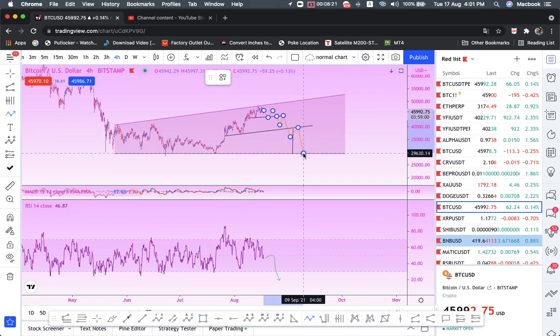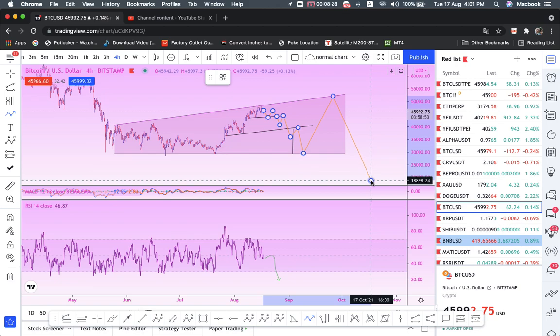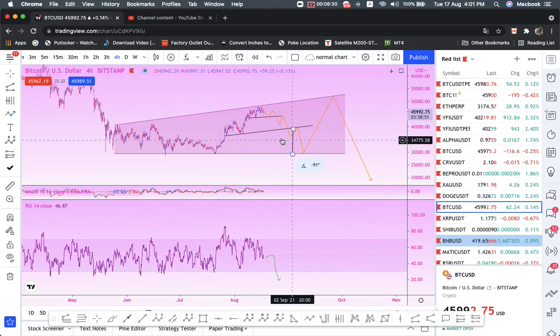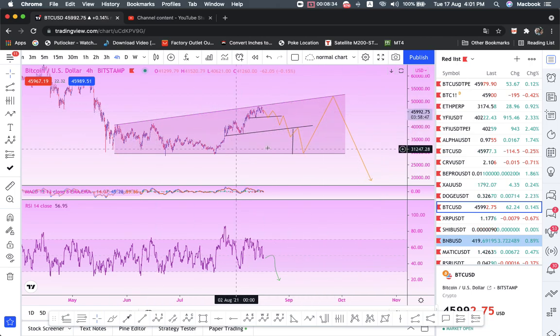Got a triple bottom or quadruple bottom, makes another leg up before coming down. Okay, so it could end up becoming like this as well. So we'll be watching for this pattern as well, see which one happens.